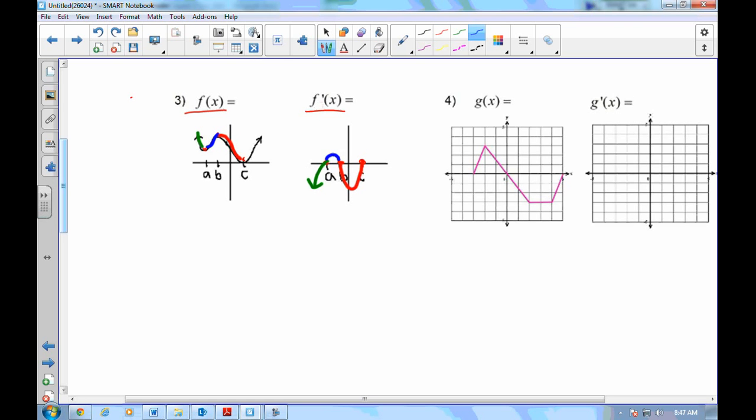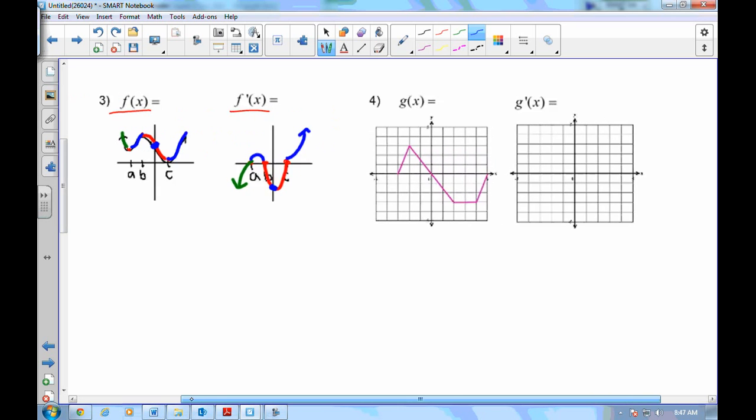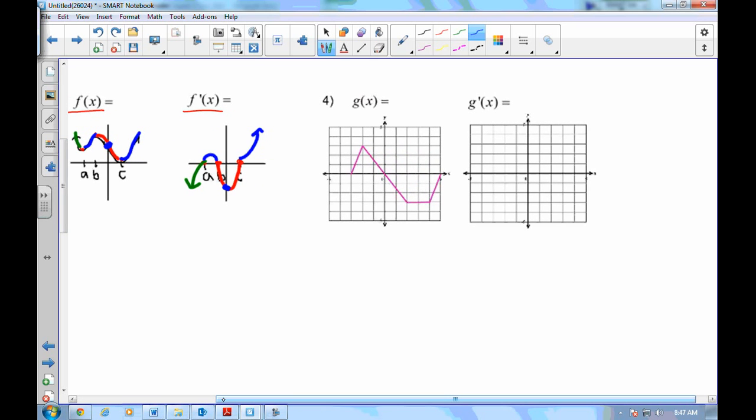And actually you could even say right here, you have the minimum, because remember that change from concave down to concave up will give you a minimum. And then increasing, something like that, with smoothness. So it's like you took the graph and just straightened it along the x-axis. Maybe. Okay. Why don't you guys try 4?